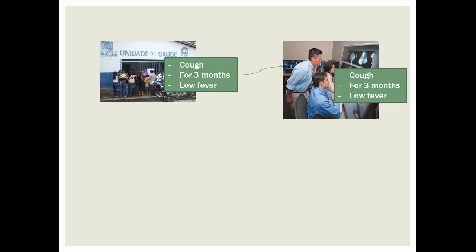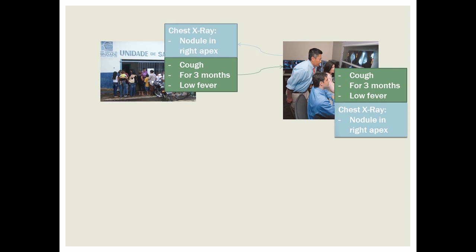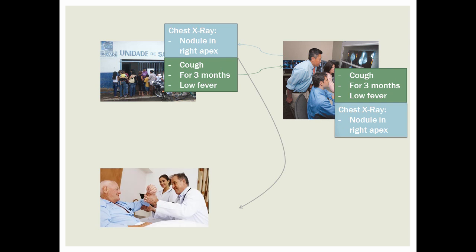And then the X-ray is done, and the diagnosis is a nodule in the right apex. This information is included in the radiology system, of course, and this data extract from the radiology clinic is sent back to the primary care clinic system. And the primary care clinic system understands the data extract that came from the radiology clinic. The physician is still not satisfied, and so he wants to send the patient to the hospital to do a bronchoalveolar lavage.